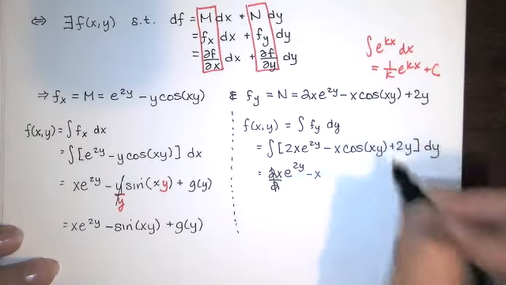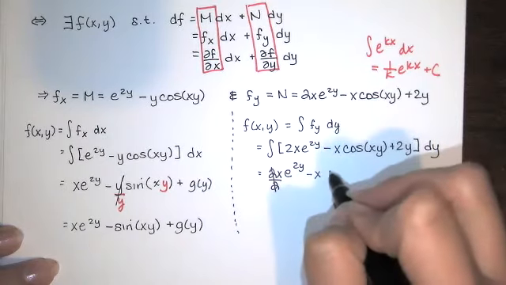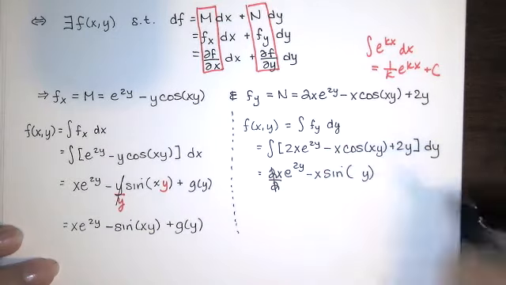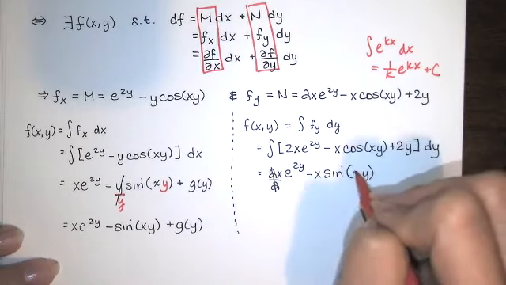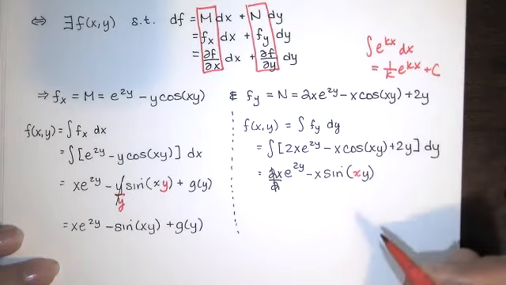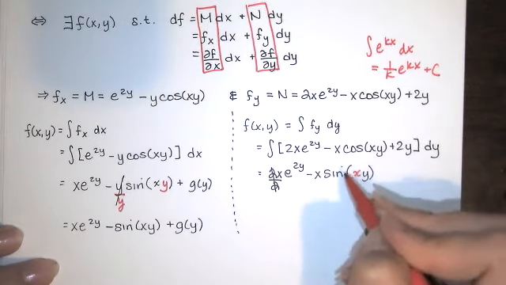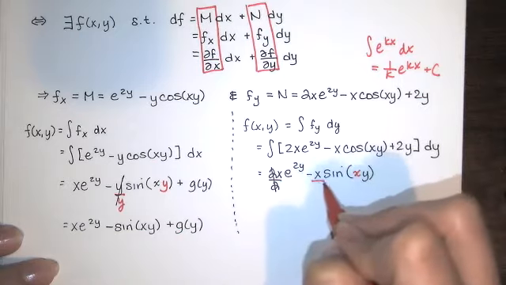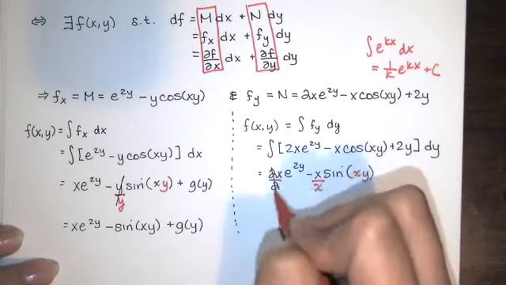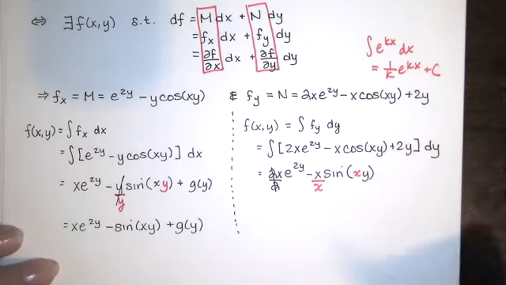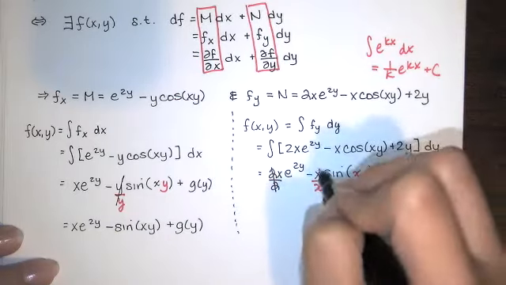And then you ask yourself, what's the antiderivative of cosine of xy? Well, it's sine of exactly the same angle, but I'm treating x as a constant. So this is a constant times y. The antiderivative of cosine of a constant times y is sine of that constant times y divided by that constant. For the same reason that we divided by that 2, we're dividing by this x because we're treating it as a constant with respect to y.